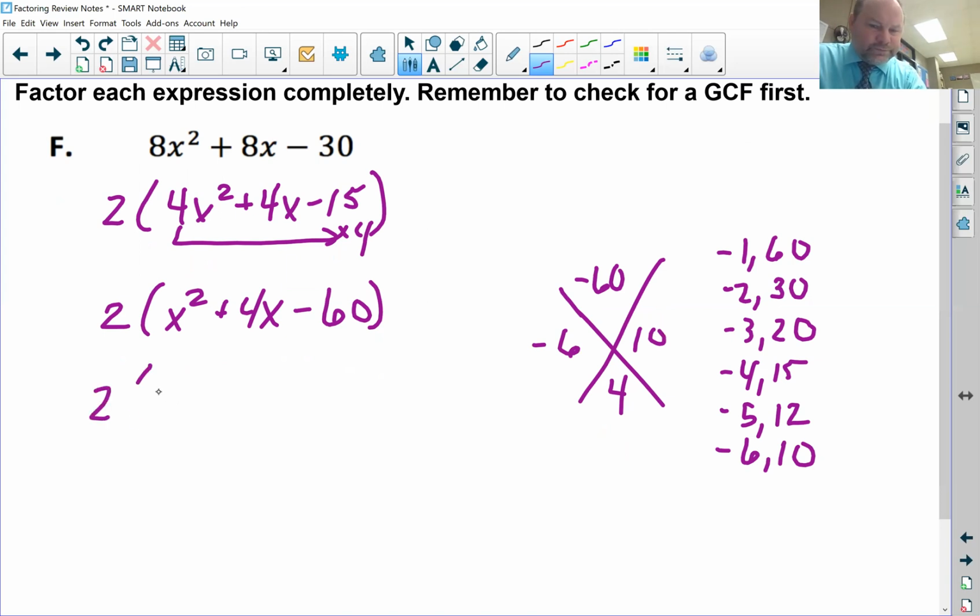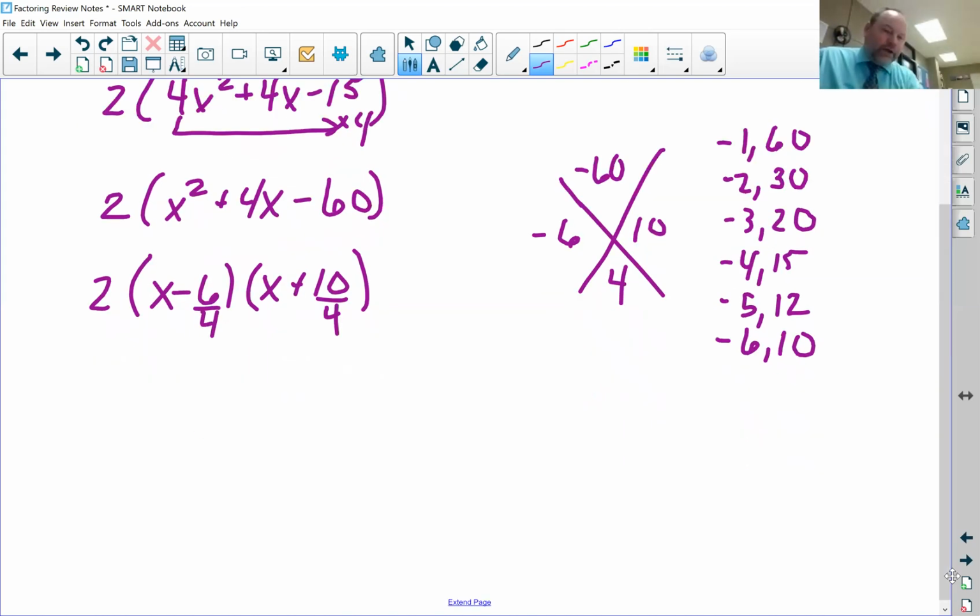And then divide by 4. In this case, this first fraction reduces. There's a common factor of 2 that I can factor out. The second term, the second factor, there's also a common factor of 2 that factors out.